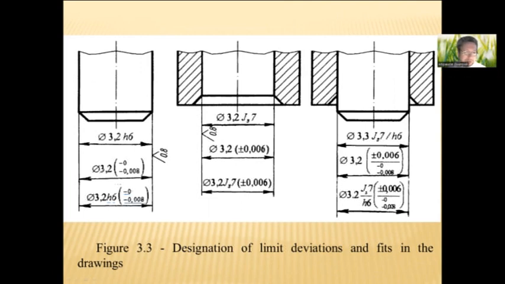Second type, only nominal diameter and upper limit deviation and lower limit deviation of the shaft. And third variant, only nominal diameter and only fundamental deviation and IT grades. The same types for the hole too. The same designation of limit deviation and fits in the drawings.